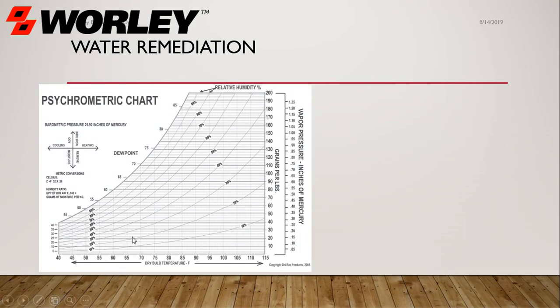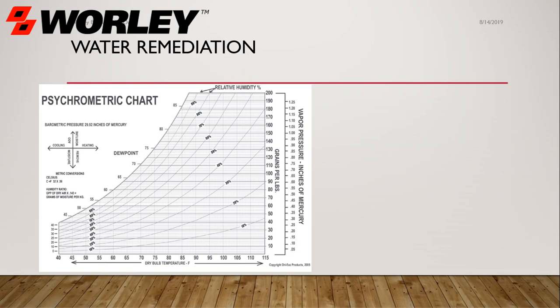Now, this is a graph, a psychrometric chart, relative humidity, dew points, the temperature, and how many grains per pound. So on an 85 degree day with a dew point of 75, you're going to have about 130 grains per pound.